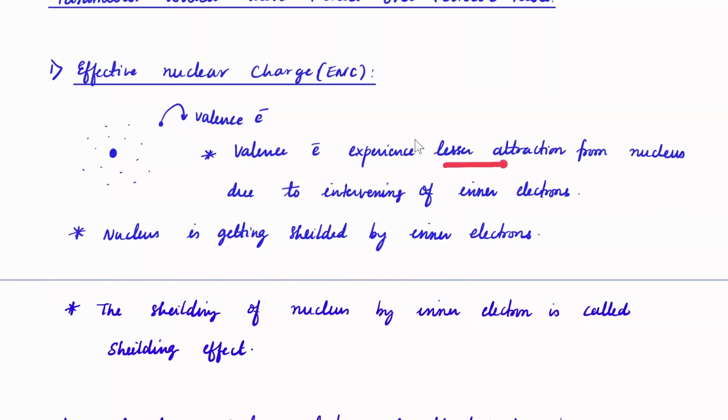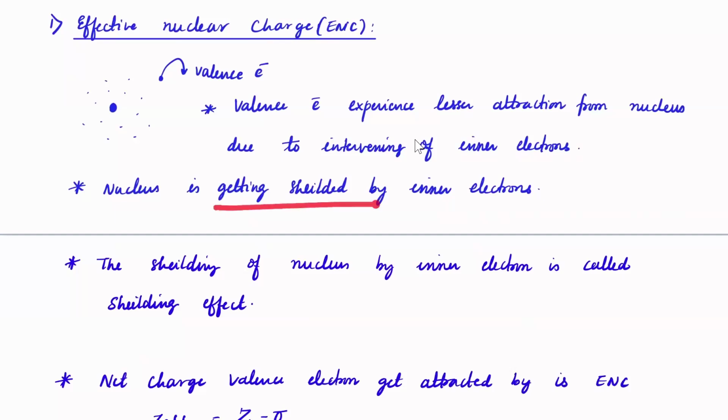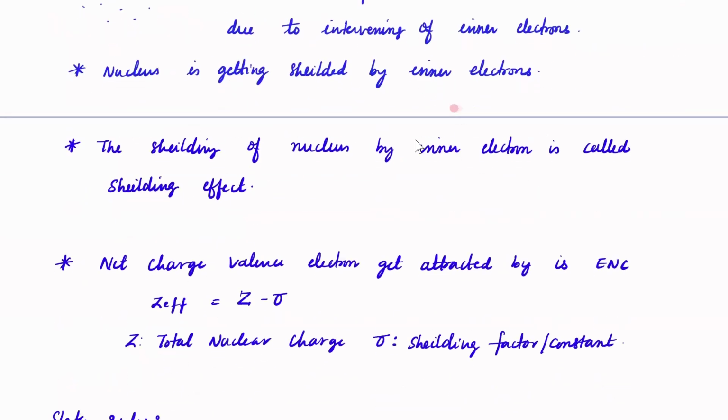So the attraction observed from the nucleus is lesser due to the intervening inner electrons. What is happening is the nucleus is getting shielded by the inner electrons. The shielding of the nucleus by the inner electrons is what we term the shielding effect.